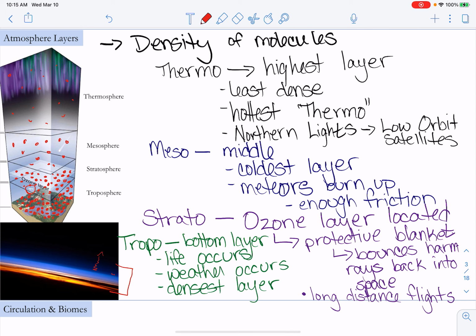So there are little buffer zones. Don't think it's really nice and neat and easy to decipher one layer from the other. But you can see how nice and big our ozone layer is.